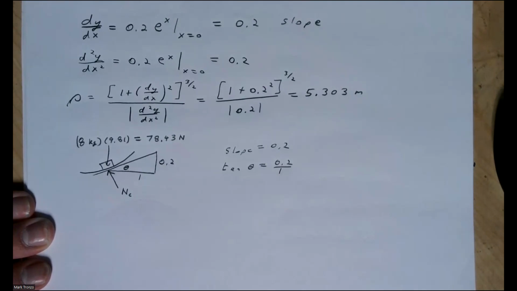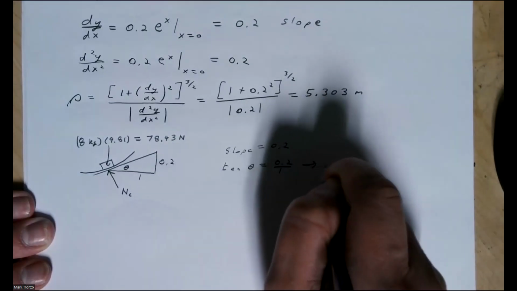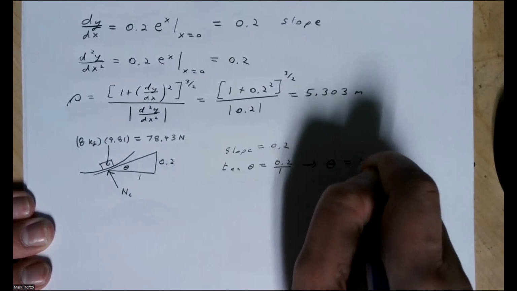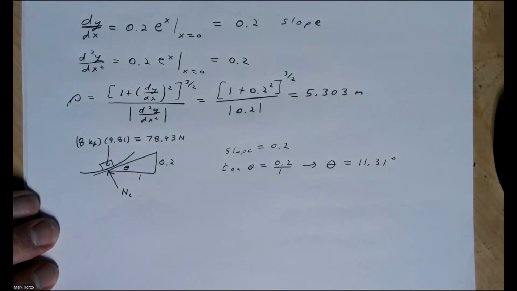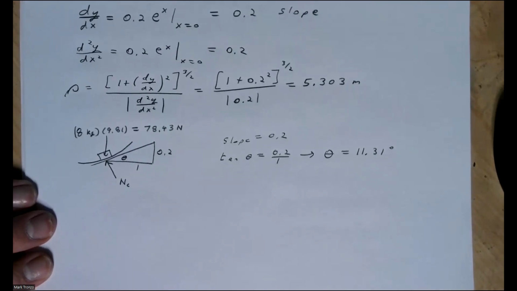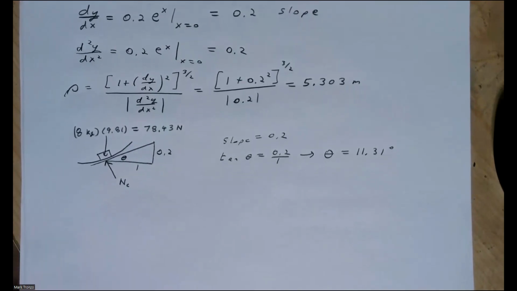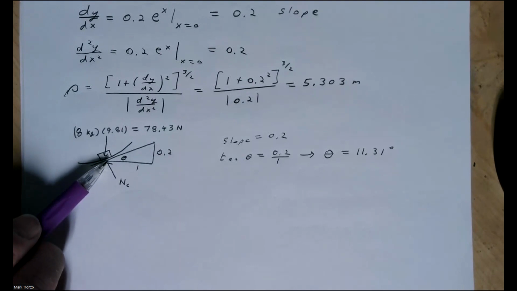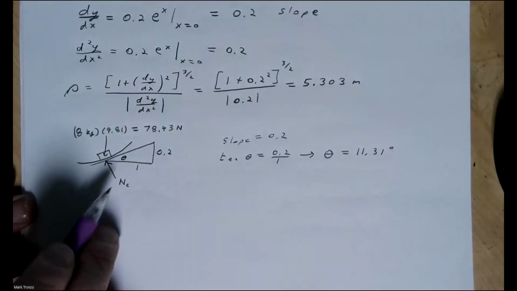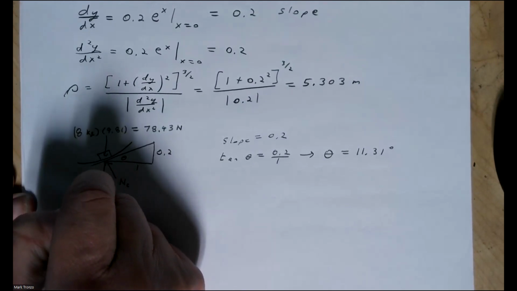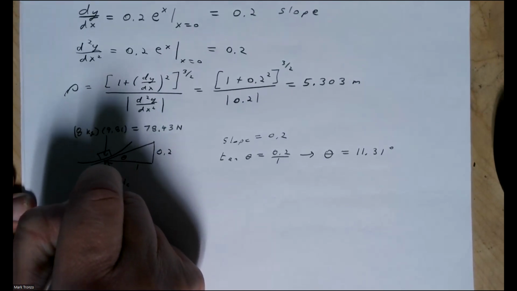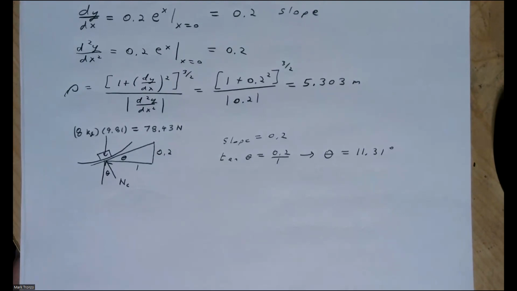And when you put that in your calculator, it will give you a theta of around 11.31 degrees. And now from the geometry here, if this is theta here, this will also be theta here.